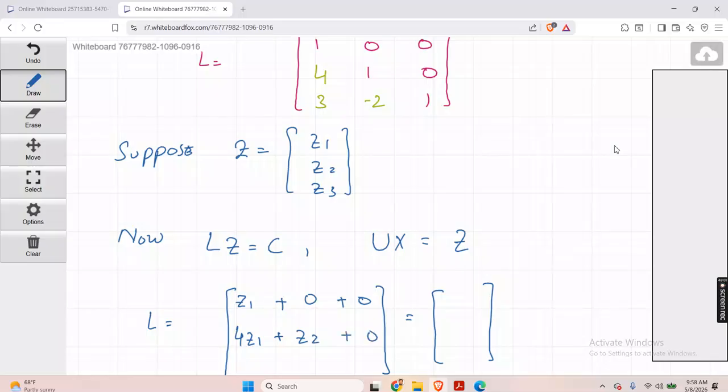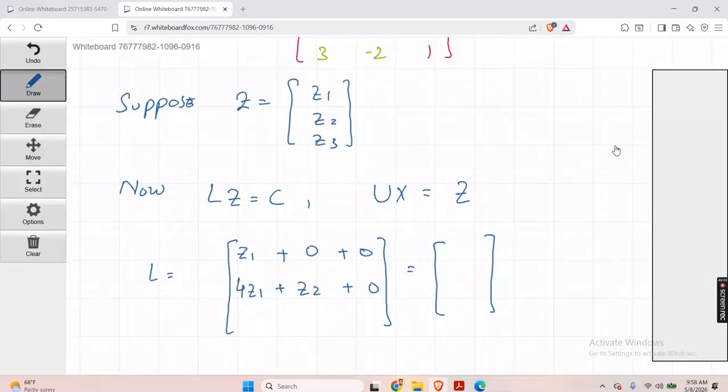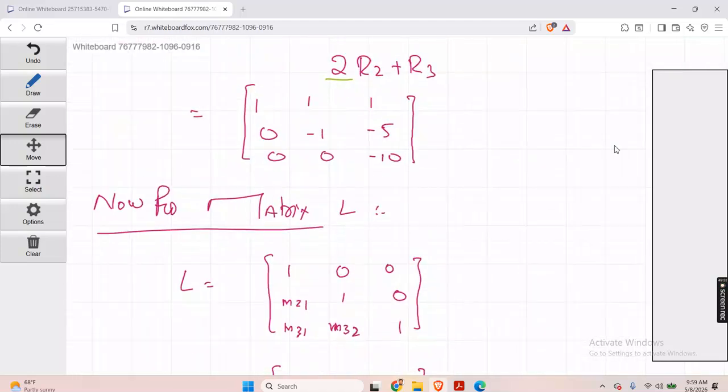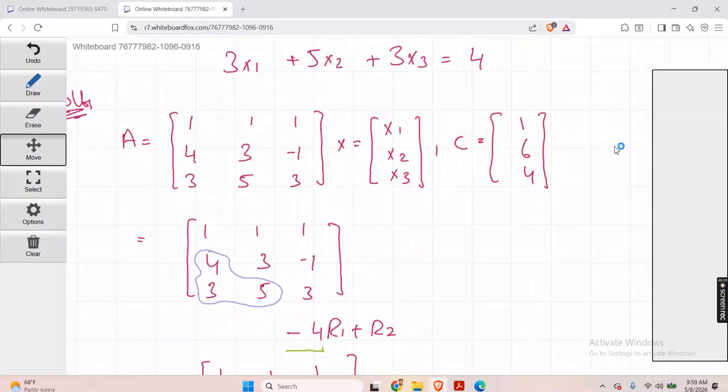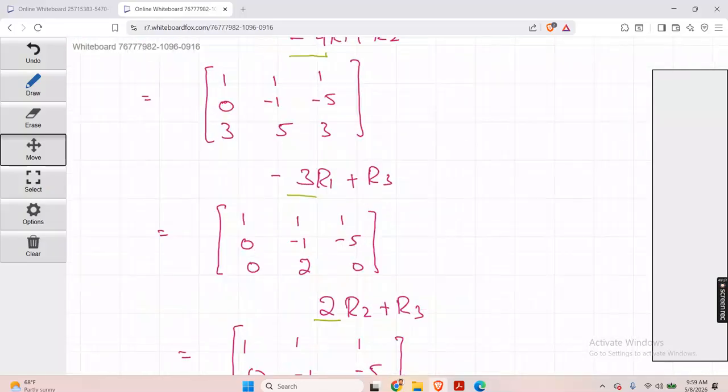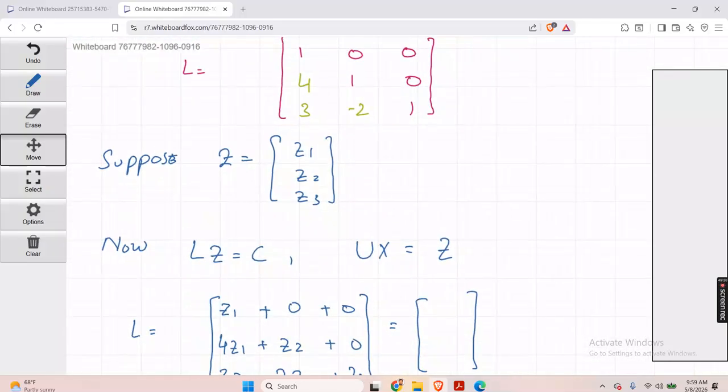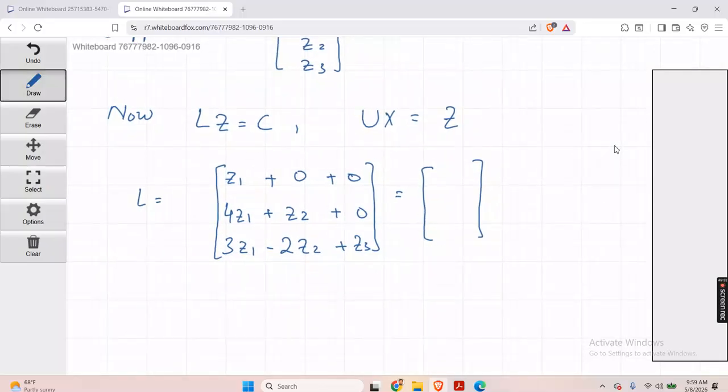And this is 0 here, so it will stay 0. Then for row 3, 3Z1 minus 2Z2 plus Z3. And this C matrix which was given here is 1, 6, 4.